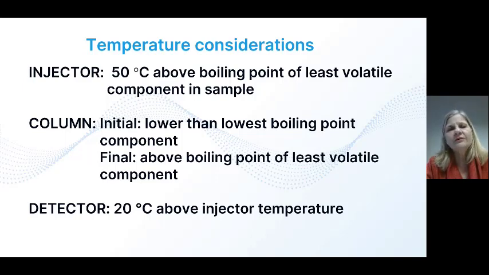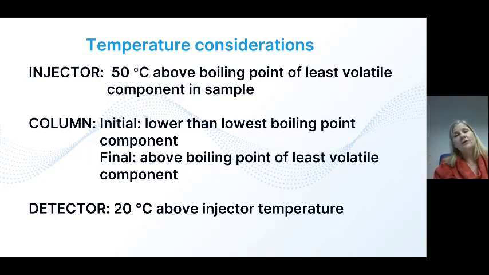So if you use 250 or even 300 degrees Celsius, not more than that, maybe 250 degrees Celsius for your injector, you ensure that all your compounds of interest will be volatilized and then placed onto the column by your flow of gas through the injector onto the column. The compounds that have not been volatilized will stay in the injector port and can be flushed out of the port. So we ensure that all the compounds entering the GC are placed onto the column.